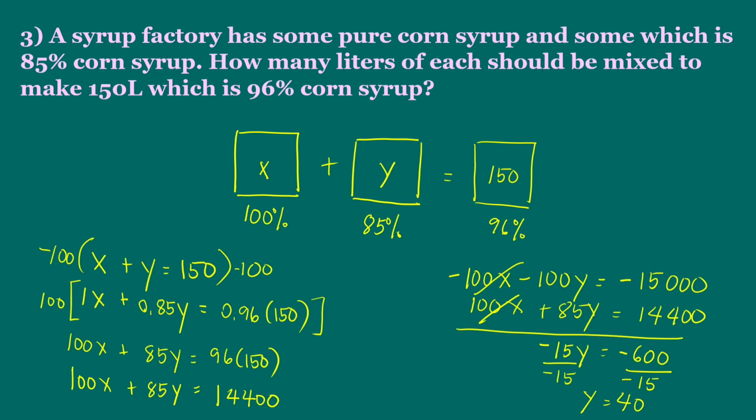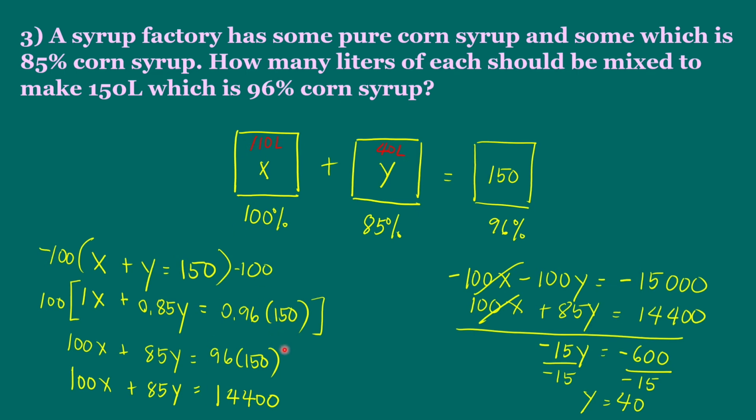So this is the y variable, which is 40. The unit of 40 is in liters. So 40 liters. If the total volume is 150 liters, therefore, this one is 110 liters. Alright? Because 150 minus 40, that will give us 110 liters. Alright?